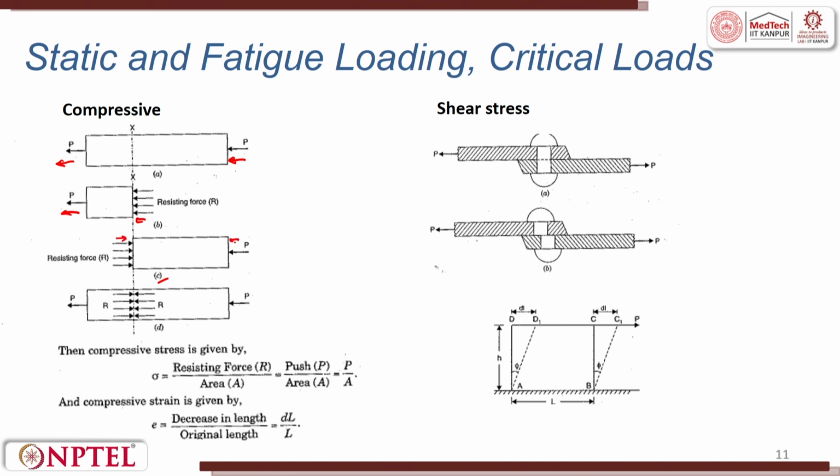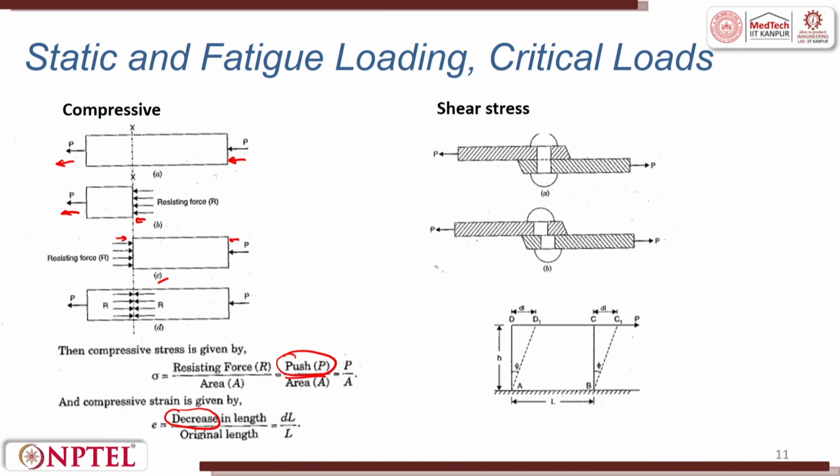But whatever the resisting force is, in case of pull it becomes push, but still stress is the same, resisting force per unit area, that is push per unit area, P by A, and strain is also the same, change in length by original length. However, here the change is a decrease in length. This is the difference between compressive and tensile forces.